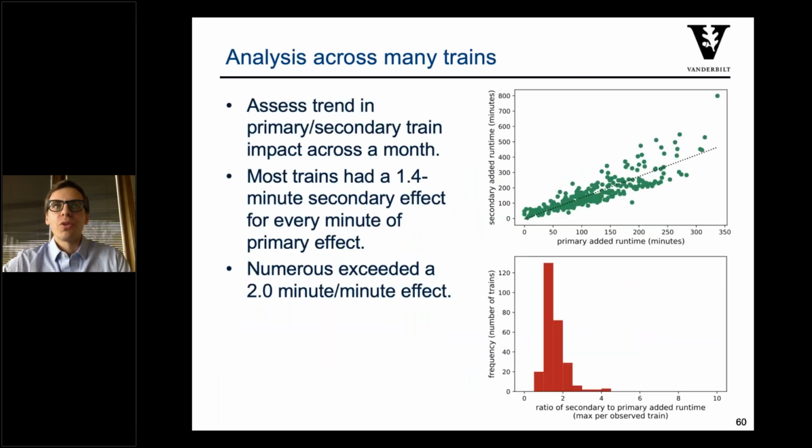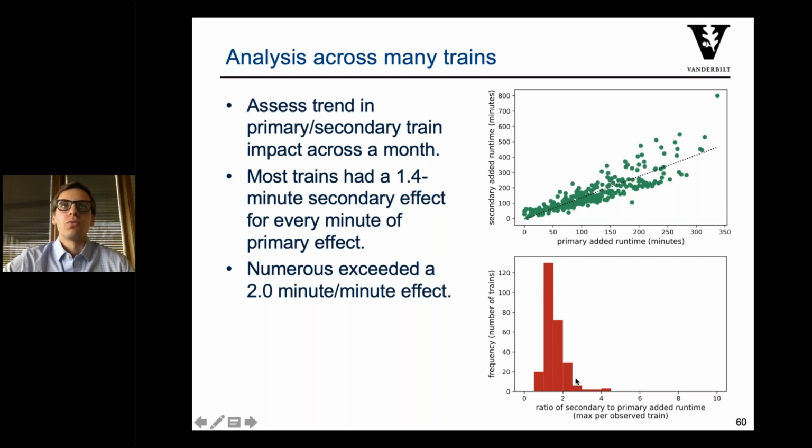I compiled these results across the other trains in the same month as that one example, and this is the scatter plot of primary added runtime versus secondary added runtime. The trend line here is shown by this dotted line, and the trains of importance here are the ones that lie significantly above this trend line, meaning that their primary added runtime had an outsized effect on other trains' ability to run their optimal plan.